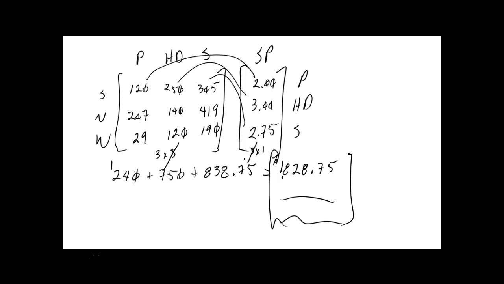So basically, ignore those. I won't say cancel them out, but you really aren't using them. Just ignore that, and your answer matrix is a 3 by 1, the solution matrix. And that's going to be the same every time, okay?